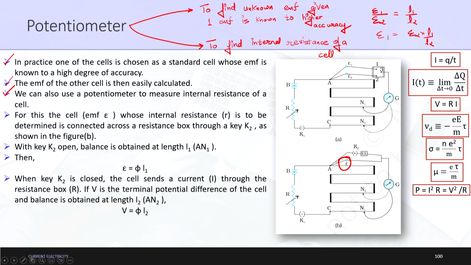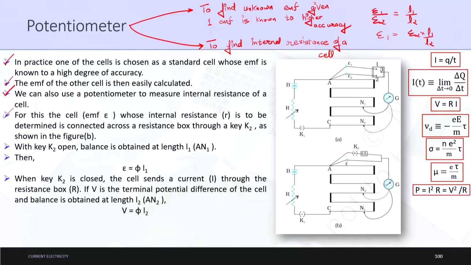We are connecting a resistance box with a key K2 like this. So what is a key? A key can be utilized to open or close a circuit. If the key is open, there is no current passing through it, and if it is closed, then the current will pass through it. Okay.